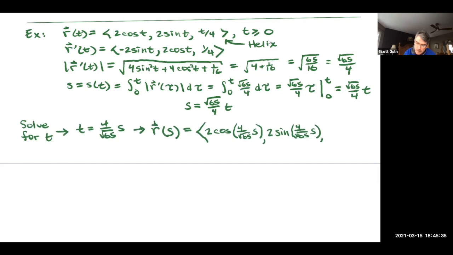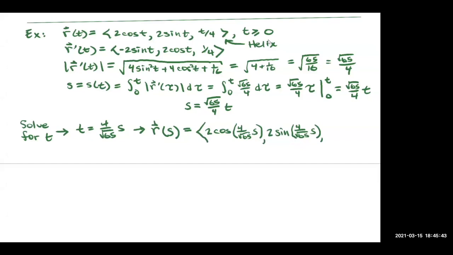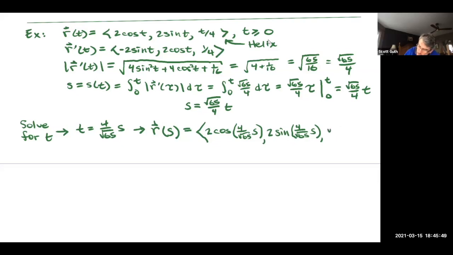And then I have to do t over 4. So I think I'm going to get a square root of 65 over 16 times s?